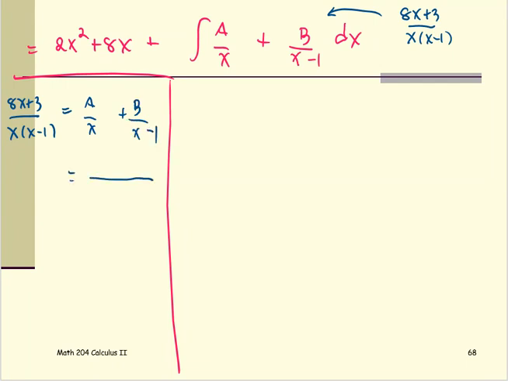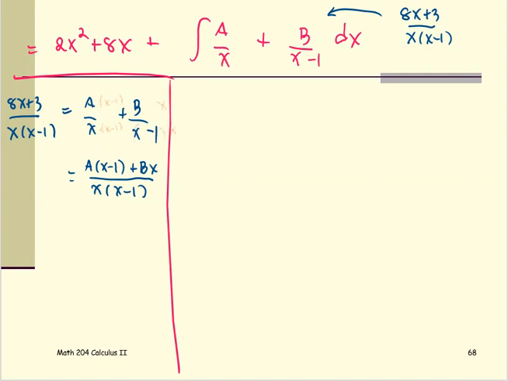Combine the fractions on the right hand side using the common denominator. So we have a multiplied by x minus 1 plus b times x, because you're going to have to multiply the first one by x minus 1, and the second by x, to have the same denominator.